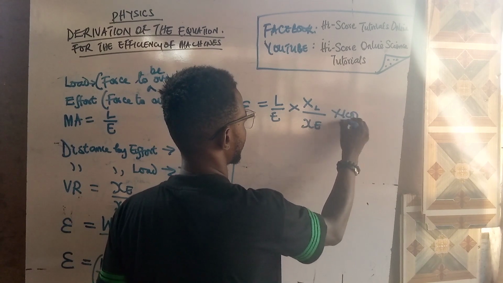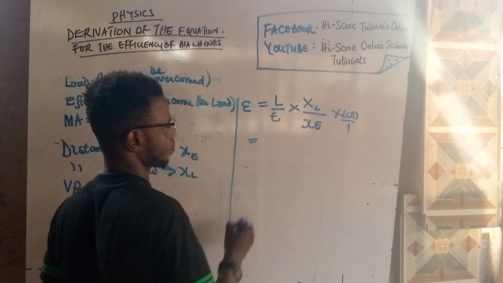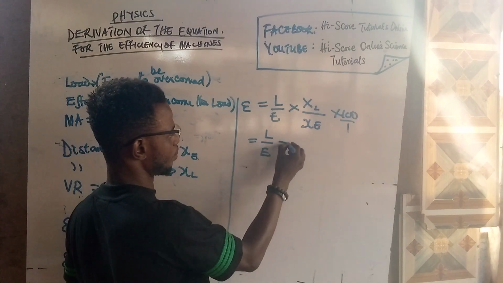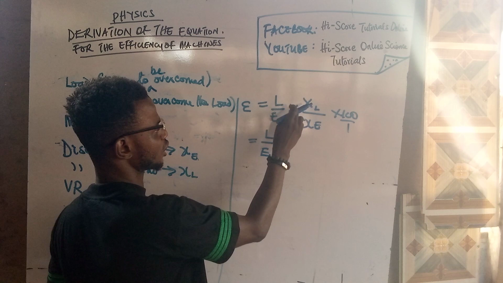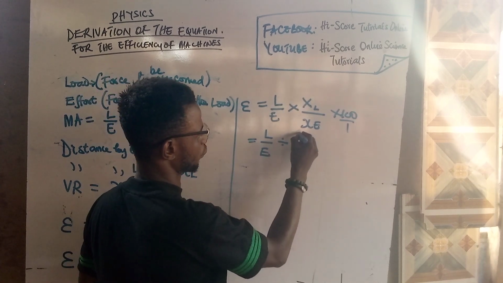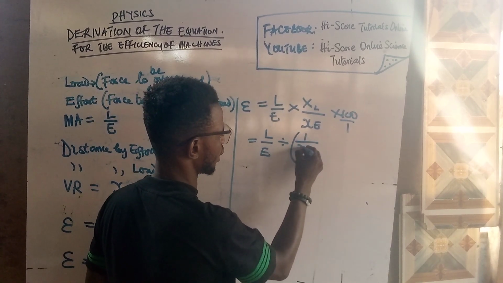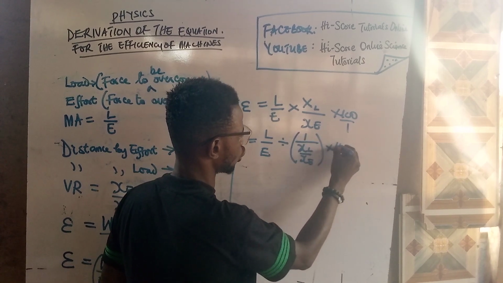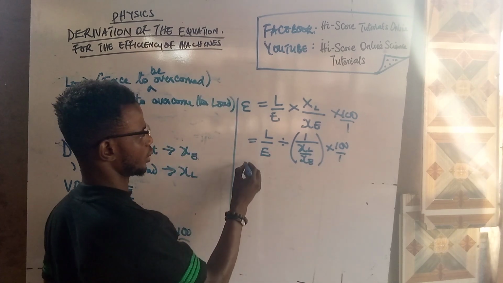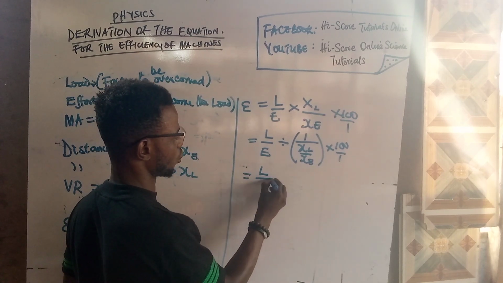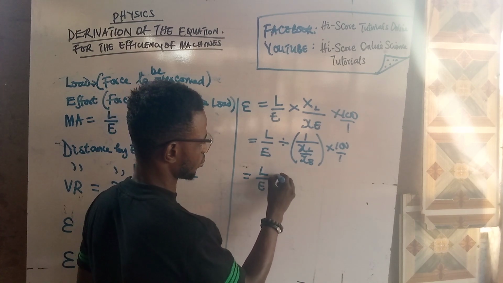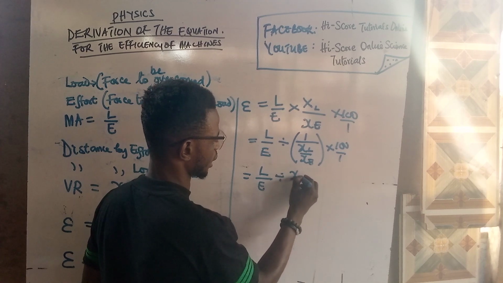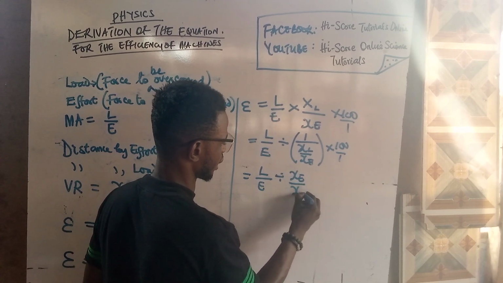This can be written as load over effort divided by, if I change this to a division sign, this will give us 1 over xl over xe times 100 over 1. So this will give us load over effort divided by, this one comes down, xe over xl.